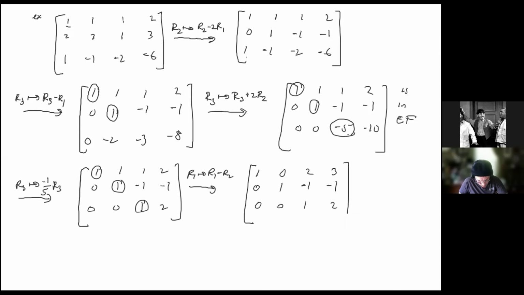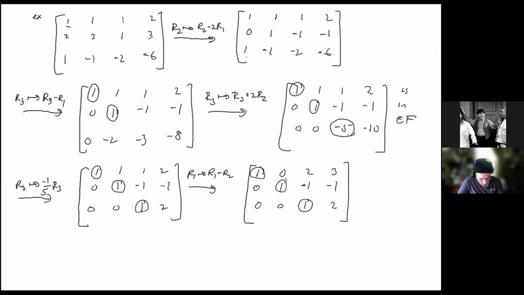It's important to only do one operation at a time, generally, because if you do more than one at one time, you're likely to make a mistake. The operations do not commute with one another, and that's sort of the problem. We'll see later why that's the case. Okay, so let me circle the pivot locations.